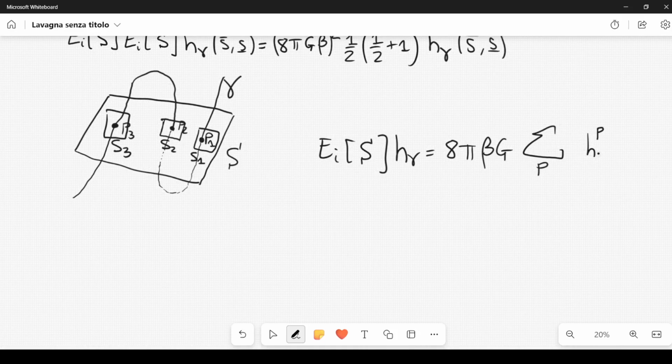I'm also putting a subscript, gamma 1, and this gamma 1 represents the curve after the intersection, and then I have tau I, and I have H_gamma 2, and in general here I can also put another factor, delta P, where delta P can only take the values plus or minus 1, depending on the orientation of the curve gamma.